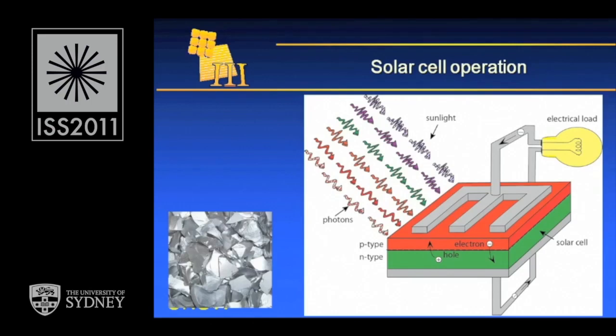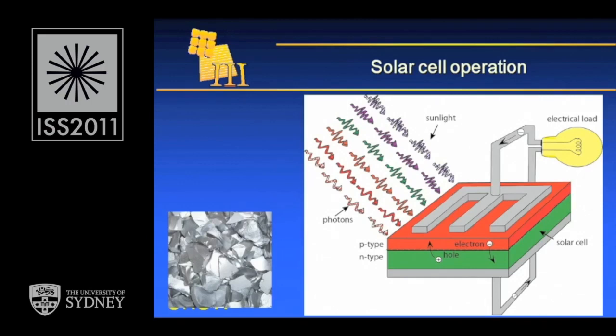And this forms what's called a p-n junction. And a p-n junction is the basic building block of microelectronics. So your computers, iPhones, iPods, etc., wouldn't work if this p-n junction hadn't been discovered in the 1940s.